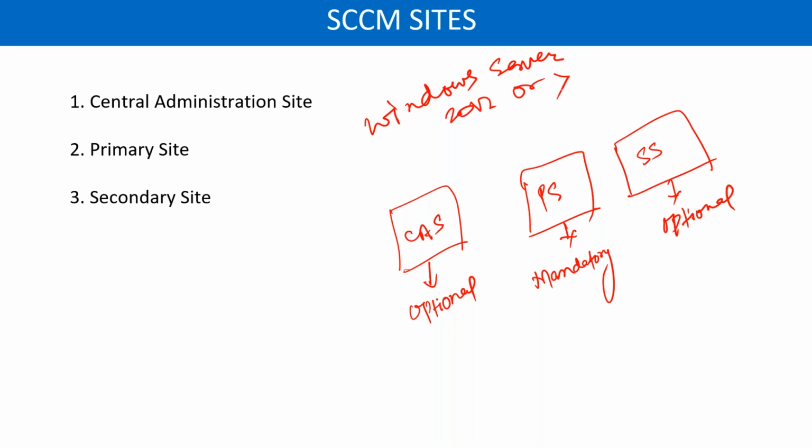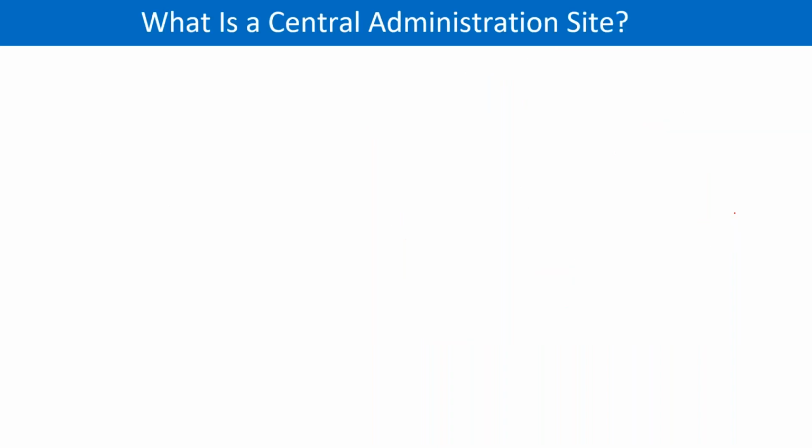So either 2012, 2012 R2, or 2016, 2019 server version. So central administration site is optional, primary site is mandatory, and secondary site is also optional. Now we will see what these sites are. One by one, we are going to discuss them.